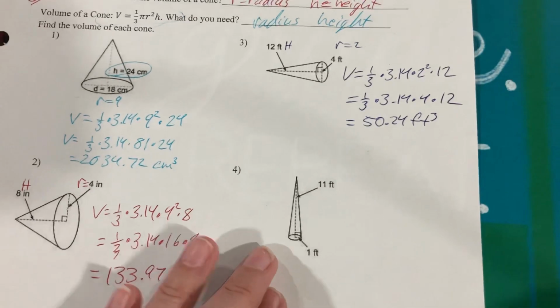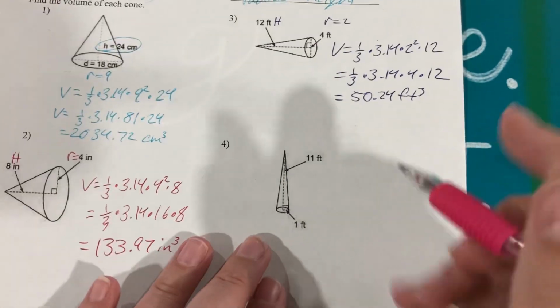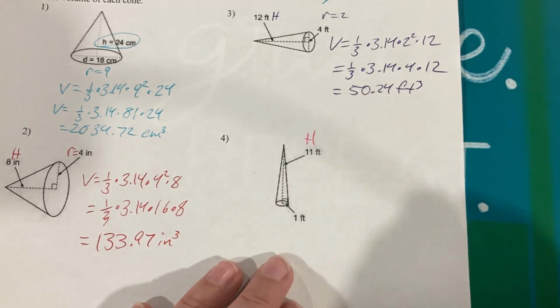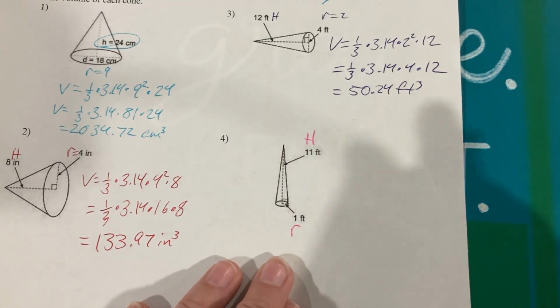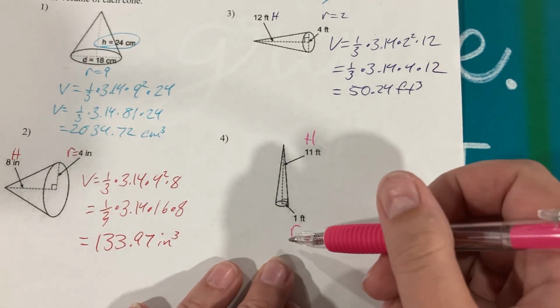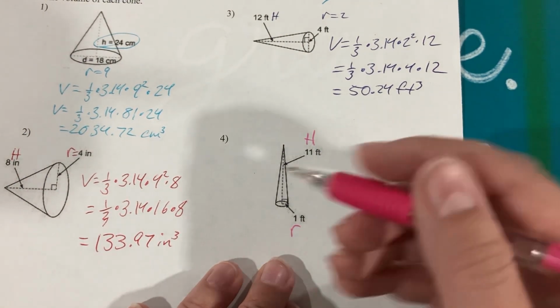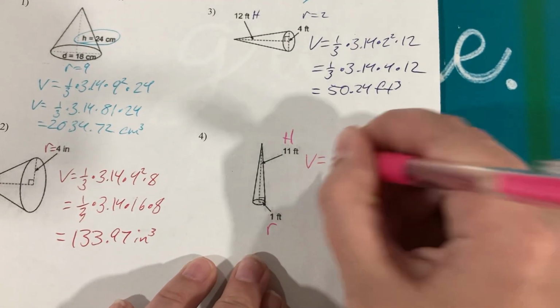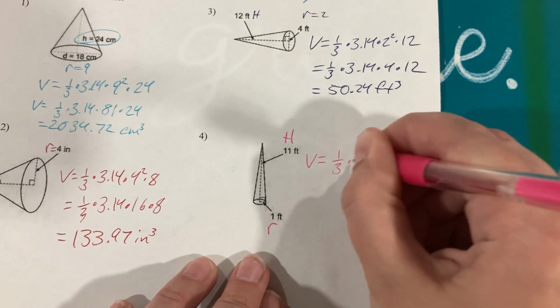All right, let's do pink. For number 4, the height was 11 and the radius was 1. I know that was hard to see. I'm so sorry. If you accidentally said radius was 1/2, go ahead and switch that and then follow along with me. Volume equals 1/3 times pi.